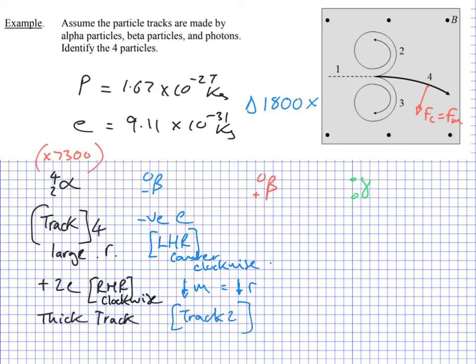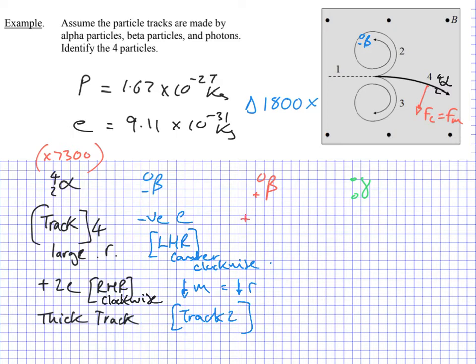Track 2. Okay, so this guy here is the, I'm going to put that as beta negative. Okay, I'll put my track 4 as my alpha. And since track 3 looks exactly the same as track 2, it means it has the same mass, but just the opposite charge.